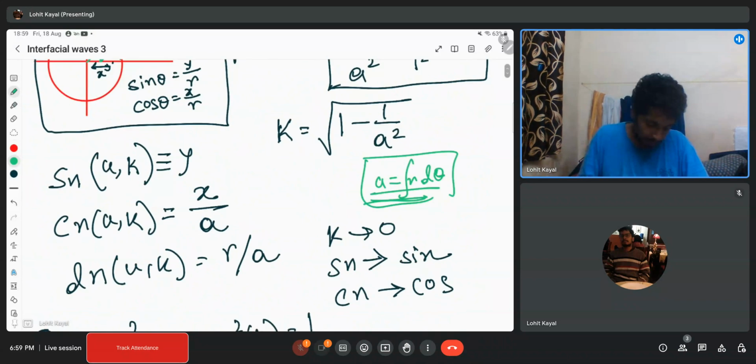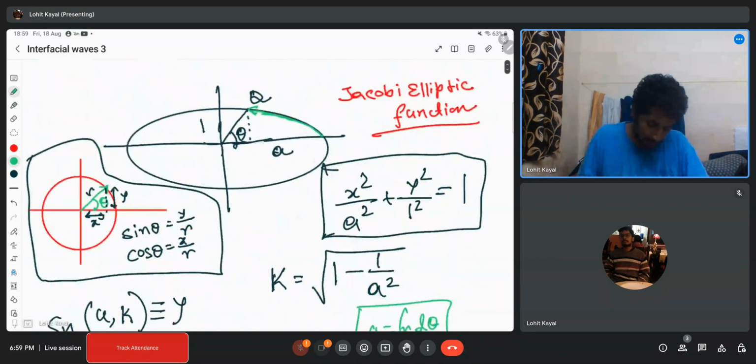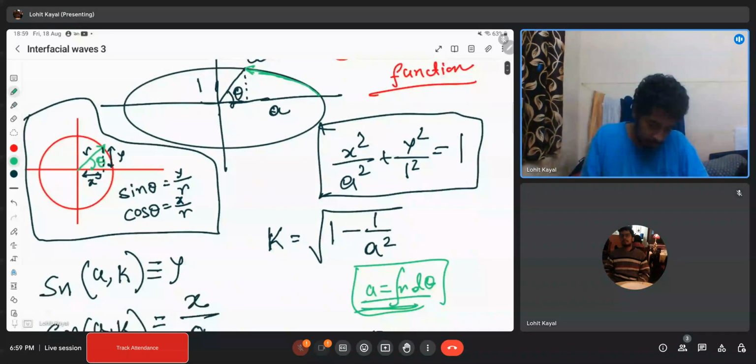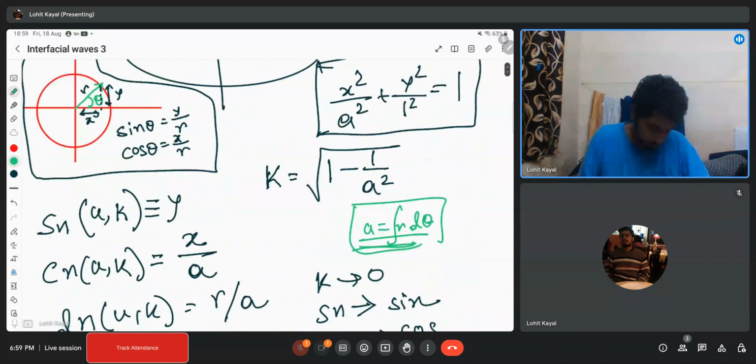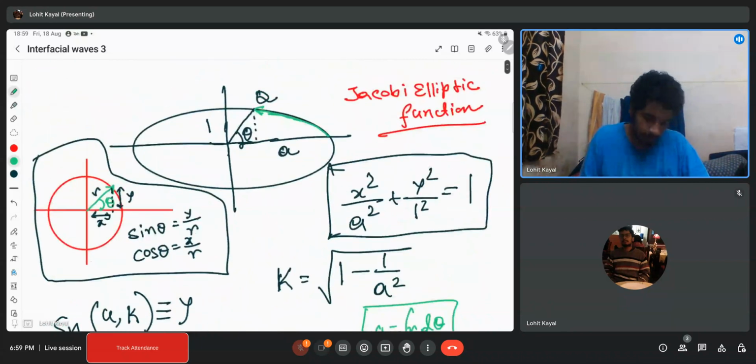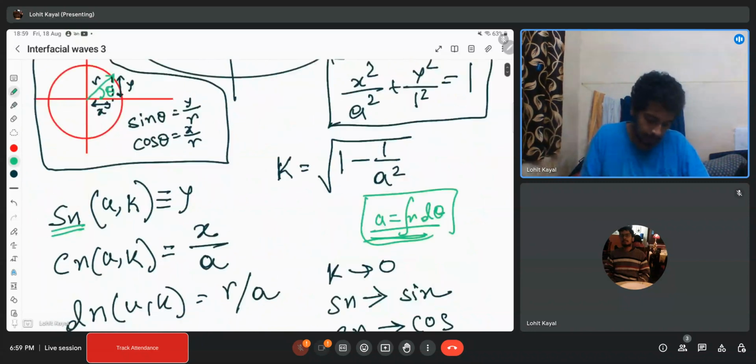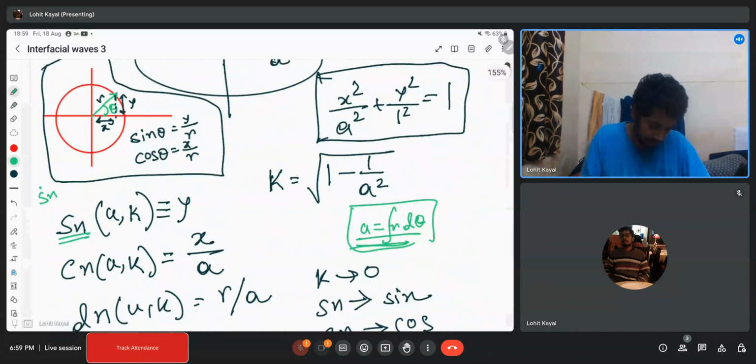Now for this elliptical geometry, similar to sine in this elliptical framework, it is Sn. Remember this is u, not theta.